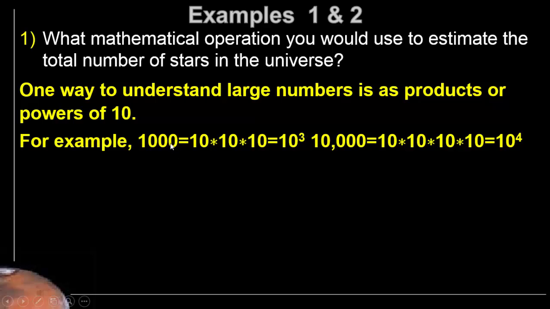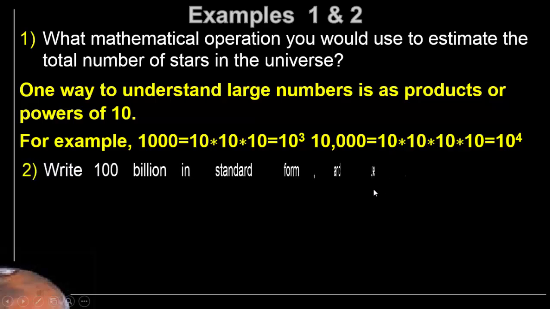So each of these zeros after 1 would represent a power of 10. Also, 10,000 would be 10 times 10 times 10 times 10, and that would be 10 to the fourth, because there are 4 powers of 10.